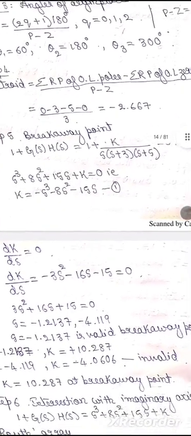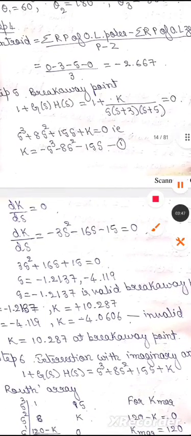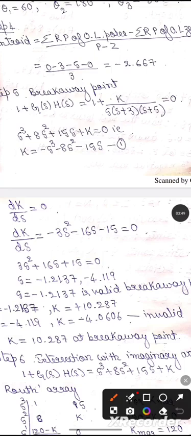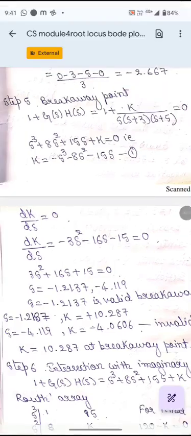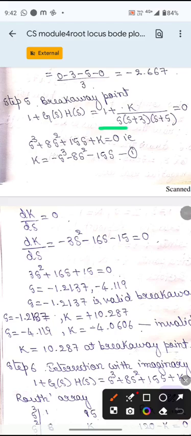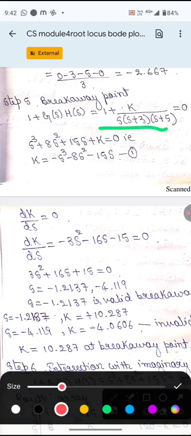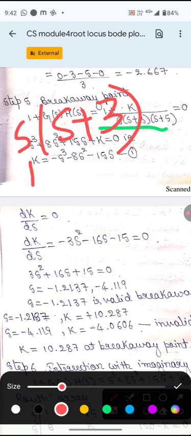Next, the breakaway point: 1 plus g of s h of s equal to 0, with the given question. So 1 plus g of s h of s equals 1 plus the given expression equal to 0. First you solve s into s plus 3, which gives s square plus 3s.